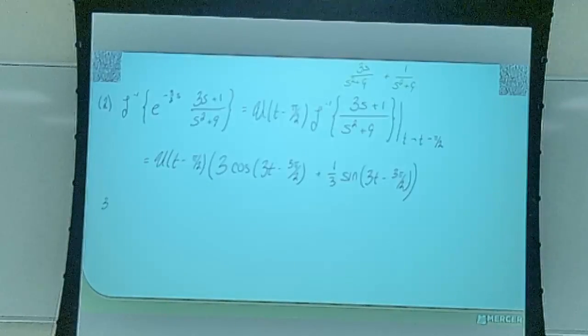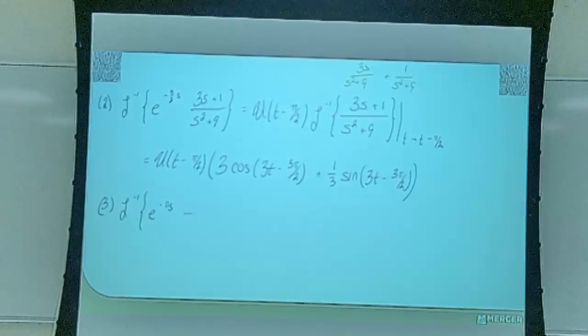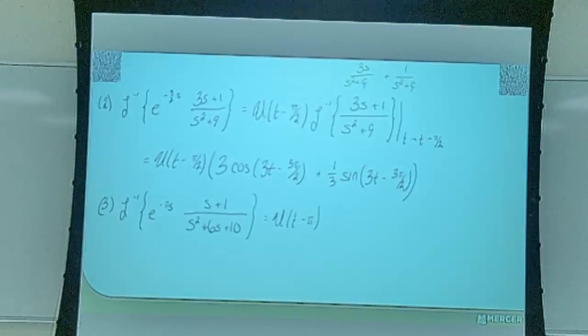Now that third transform: e to the minus pi s times (s plus 1) over (s squared plus 6s plus 10).